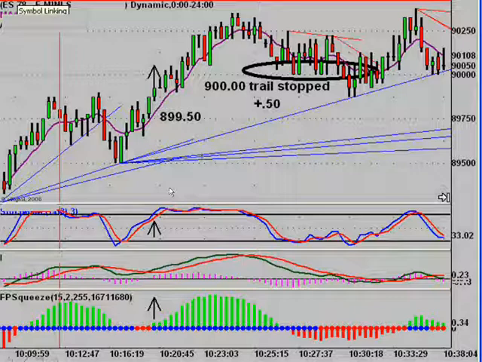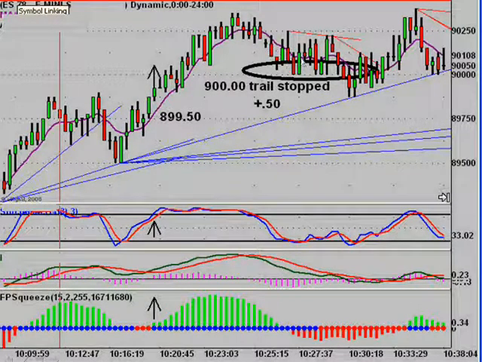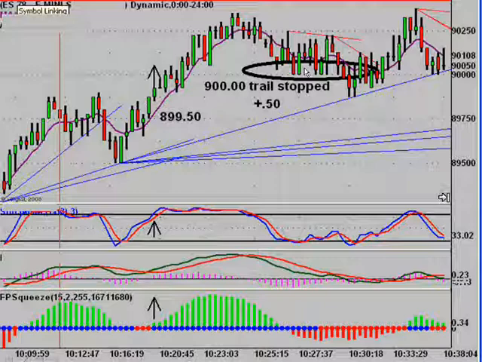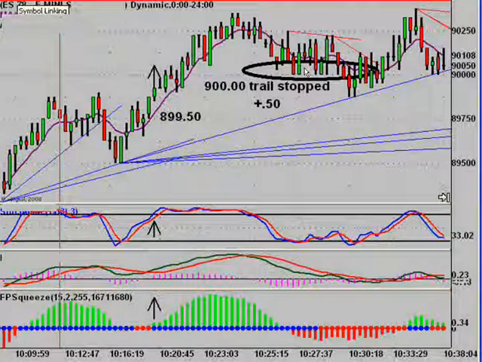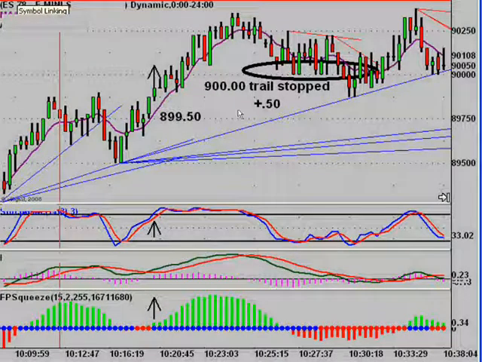So got in at 899.50 and used my trail stop method, and this was the trail stop on this bar here, and got stopped out over here at 900, and that was a gain of a half. Now if you were scaling out using more than one contract, you would have got your +2.